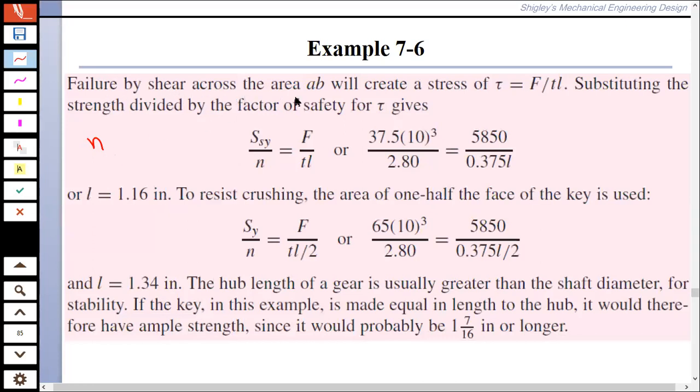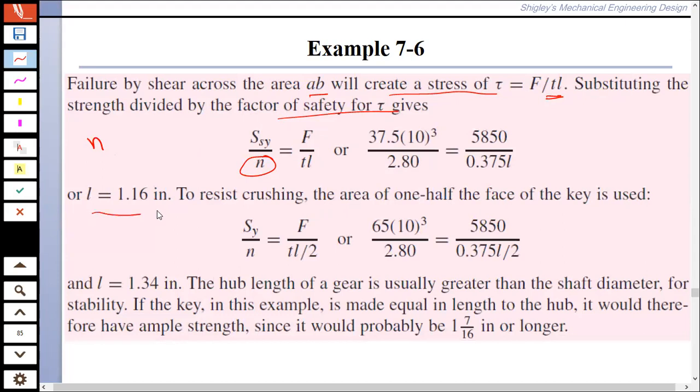Failure by shear across the area AB will create a stress of tau equal to F over t l. Substituting the strength divided by the factor of safety, this is your factor of safety. So you can go ahead and put the values in there.